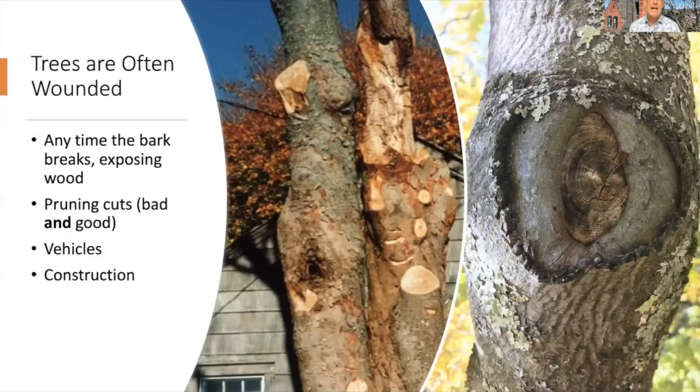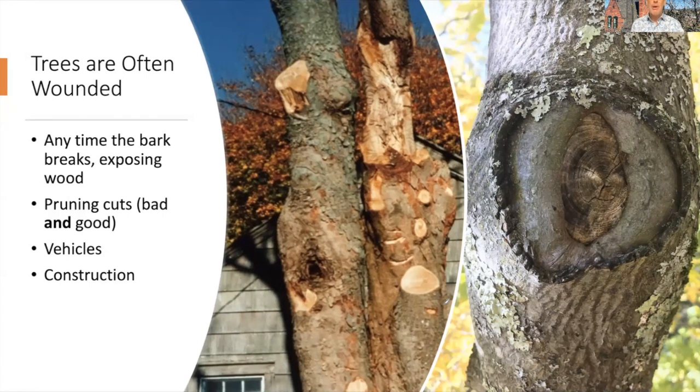Trees get wounded in a variety of ways on a regular basis. So anytime the bark is broken, the cambium, the inner bark, the wood is exposed, that allows the process of decay to start. There are unintentional causes of wounds, like a car backing up into a tree, or construction damage.